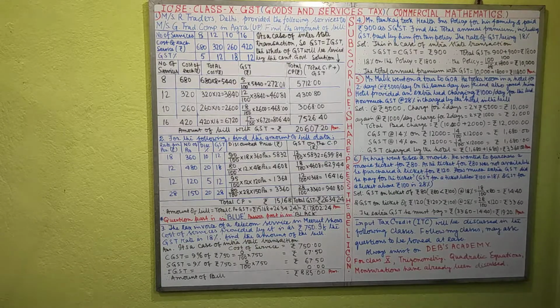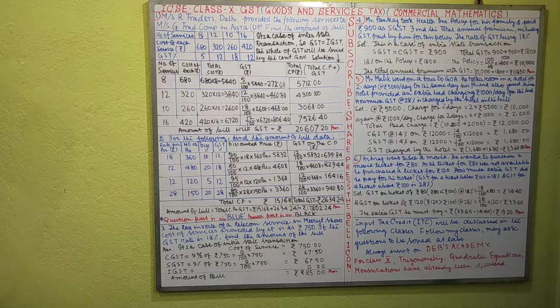And next, 10 services of each rupees 260, and total cost is 2600. GST at 18% equals 468 rupees, and total, that is cost price plus GST, is 3068 rupees.